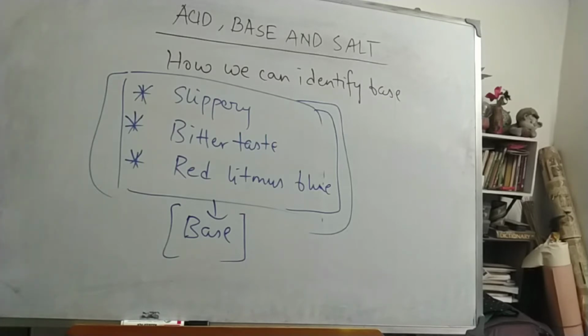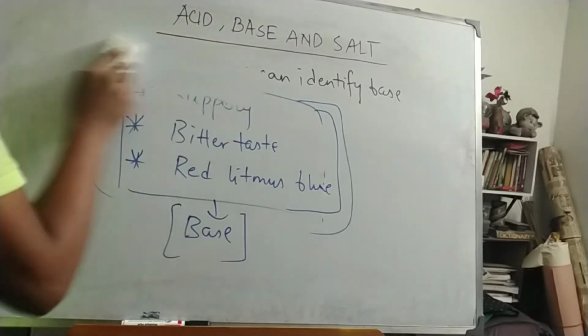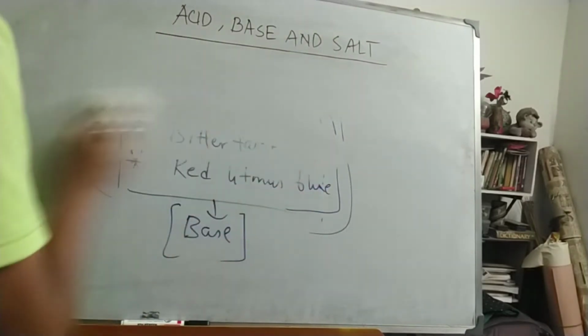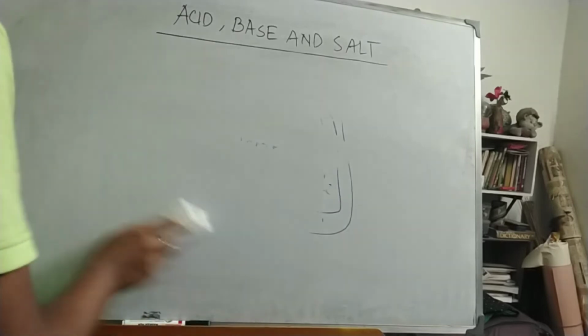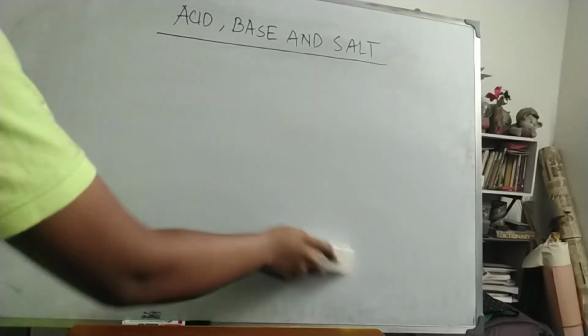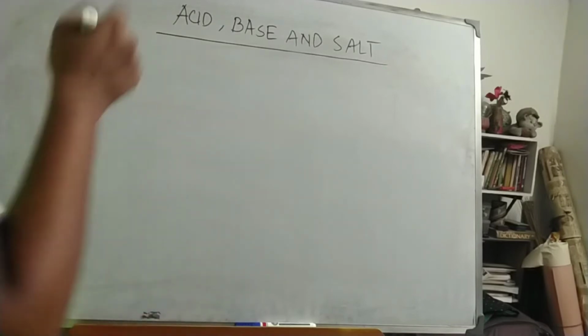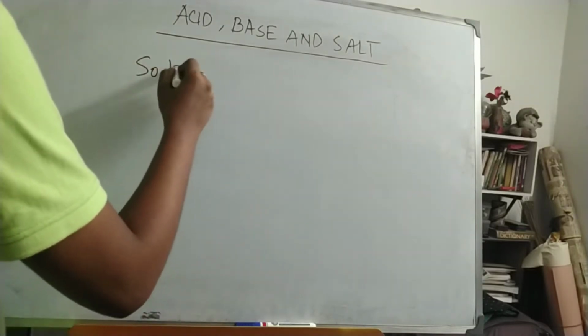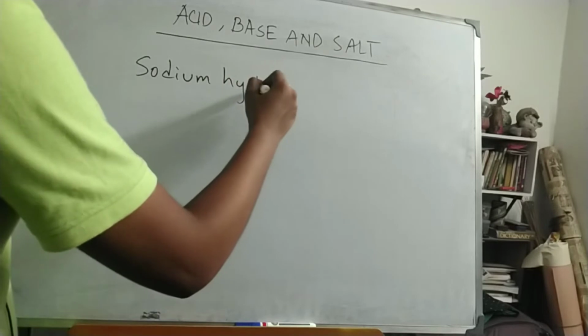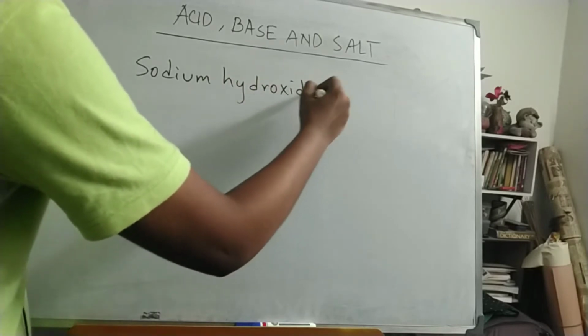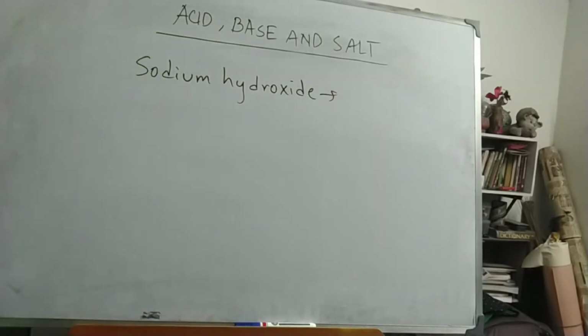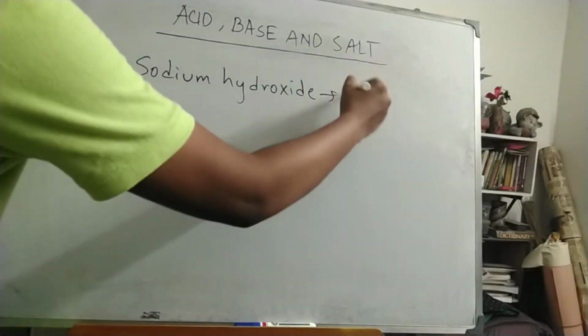Now what are the uses of base? I am explaining one step at a time, students, so listen very carefully. This is a very important chapter. I will take one base, that is sodium hydroxide, also called caustic soda.